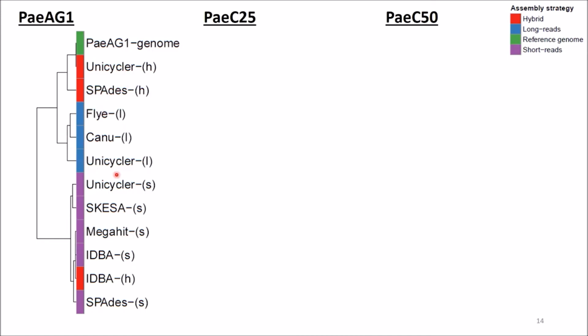Then we have another cluster for long reads-only approaches, and a specific group for all the cases of short reads-only approaches, but including the case of IDBA in a hybrid mode, as it was discussed before, in which different metrics were similar to short reads-only approaches.